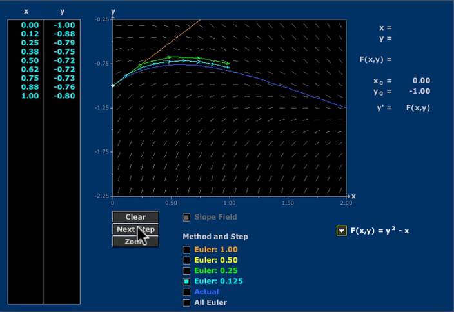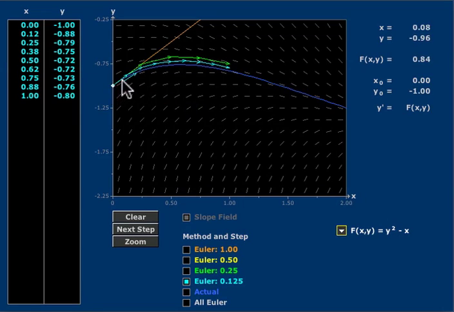All of these curves, these polygons, lie above the actual solution curve. Let's see if we can see why this is. You'll notice that the slope field is given by the formula y squared minus x. So as x increases, the slope field decreases in value.